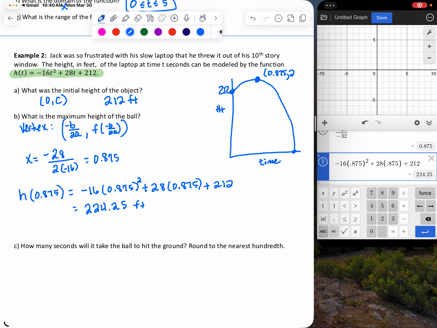So there is the maximum height, 224.25 feet. So the maximum height of the laptop was approximately 224 feet.